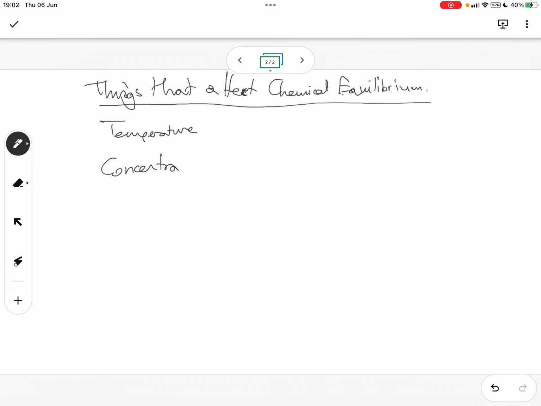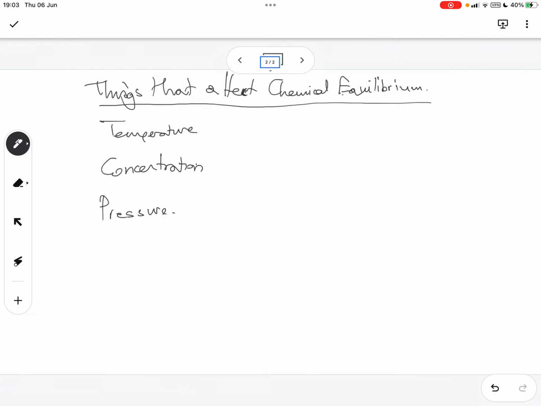These include temperature, concentration, and pressure. And this is because, remember, we're dealing with open and closed systems. Some reactions are exothermic, some are endothermic. Exothermic meaning they produce or give off energy. Endothermic meaning they require some energy to react.